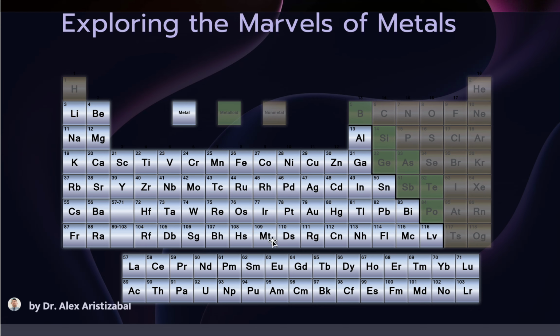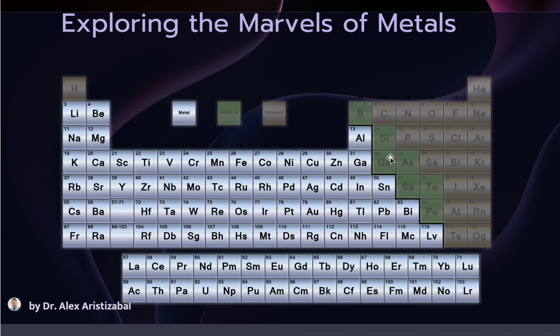And those are the most abundant elements on Earth. You can see that we have more metals than non-metals. And this borderline is something important that you just need to remember because it separates the metals from the non-metals.